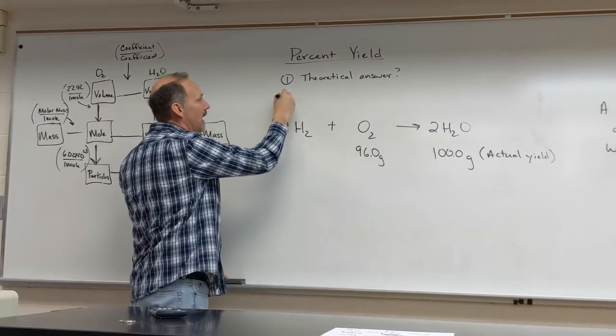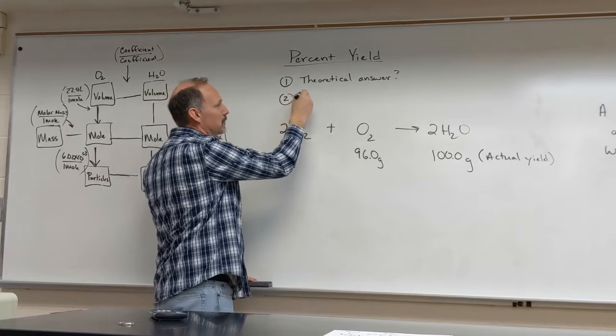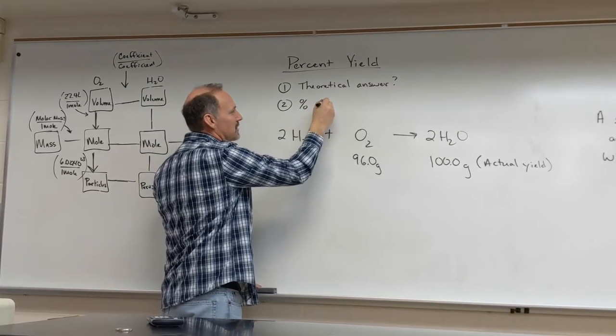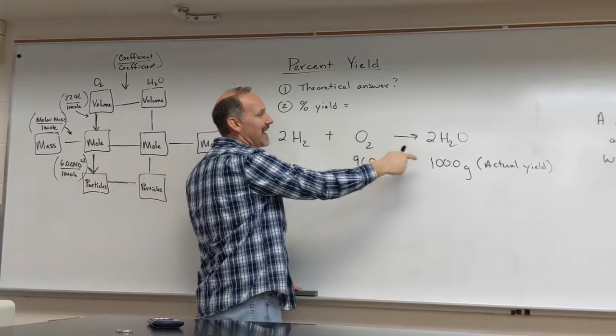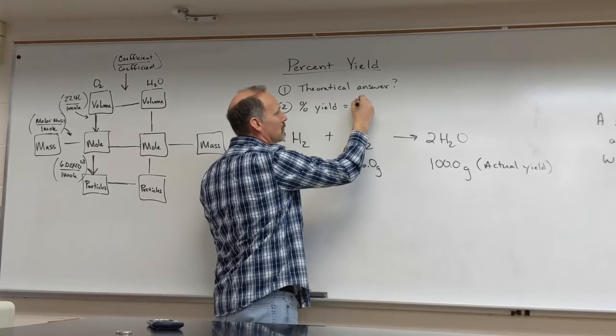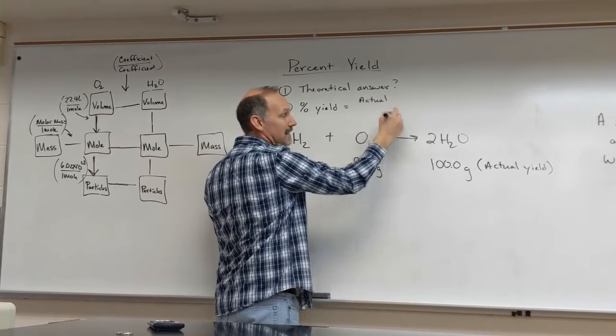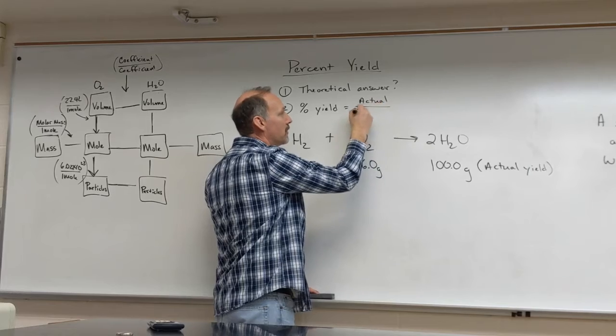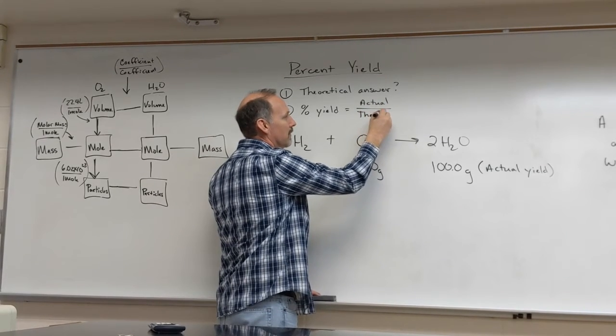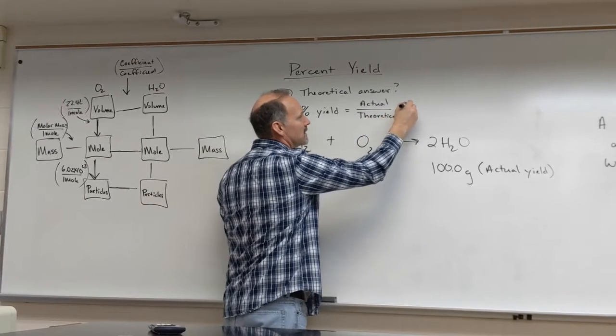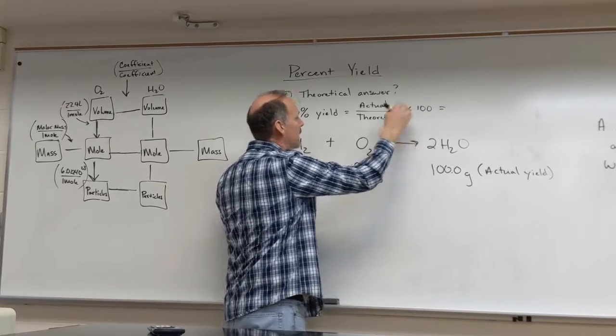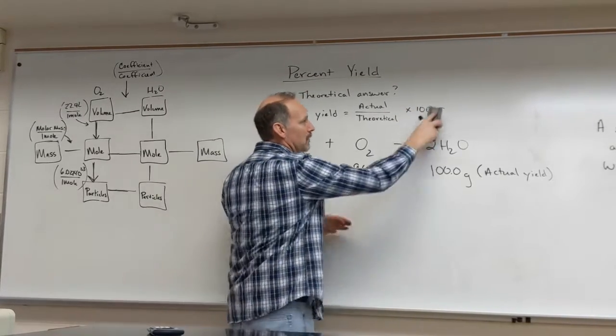And so to find the percent yield, we'll just put a little percent sign here. Percent yield is when you take an actual yield, which you did get in the lab, and you divide it by the theoretical yield, and you then times it by 100 to make it a percent answer. Okay? So I need that symbol there.